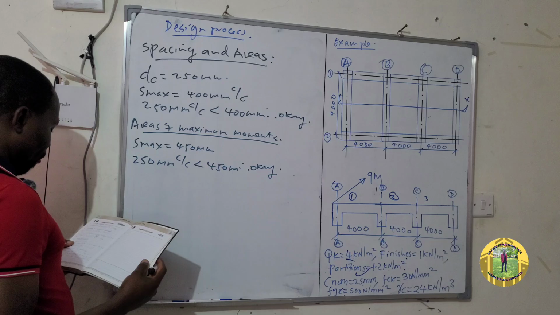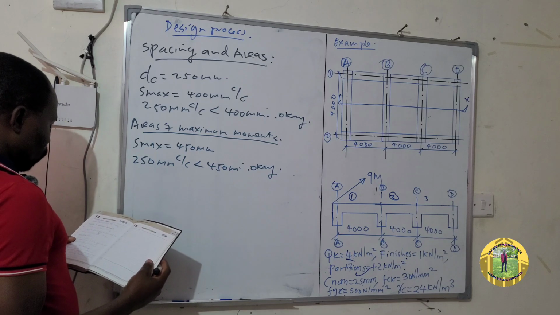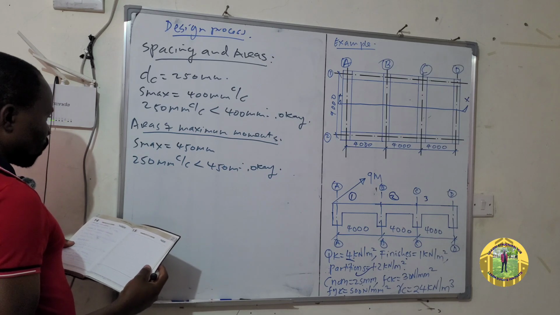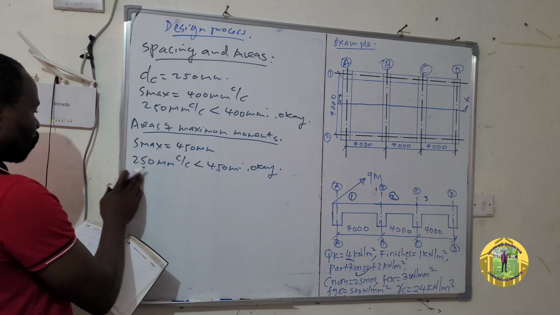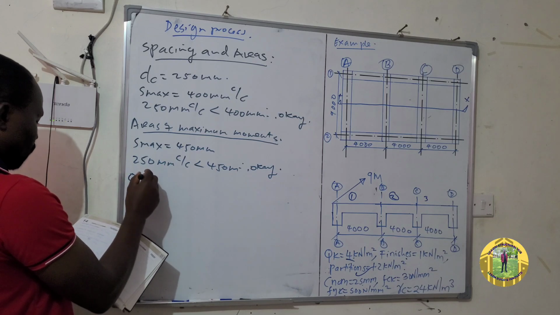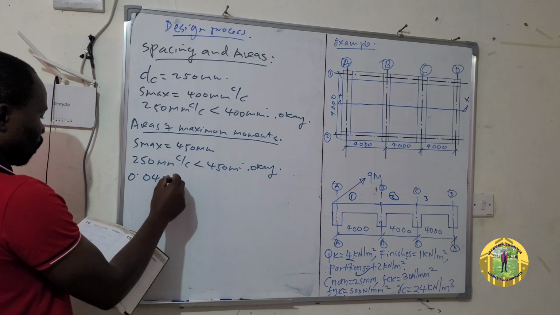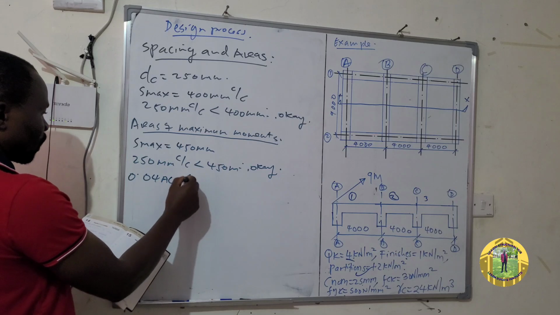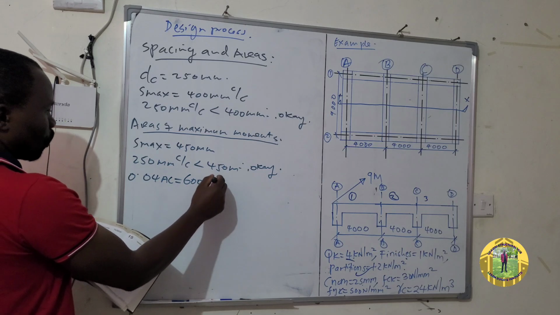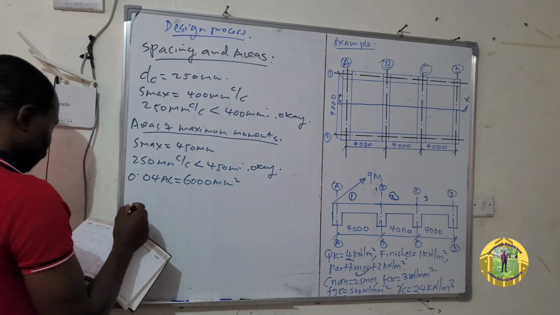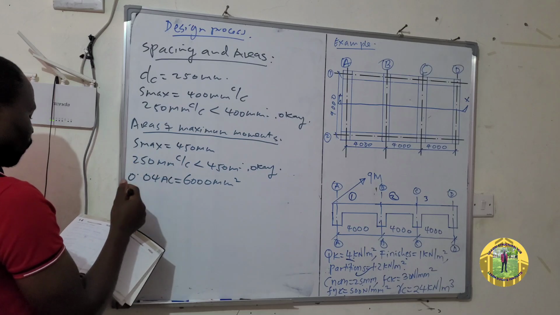We proceed to maximum area. So this one, we know that from our previous calculation, 0.04 Ac, we got 6,000 millimeter square, and then the value will remain the same.